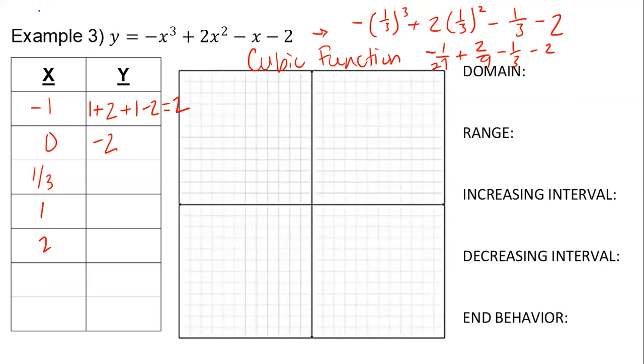So we have negative 1 over 27 plus 6 over 27 minus 9 over 27 minus 54 over 27. So they all now have a common denominator. And now I just got to add and subtract my numerators. So I have negative 1 plus 6, which is 5. 5 minus 9 is negative 4. Negative 4 minus 54 is negative 58.